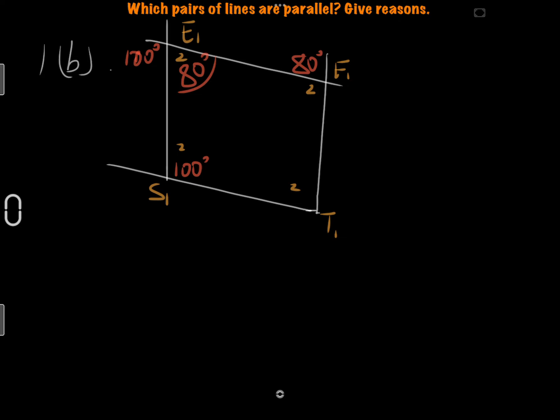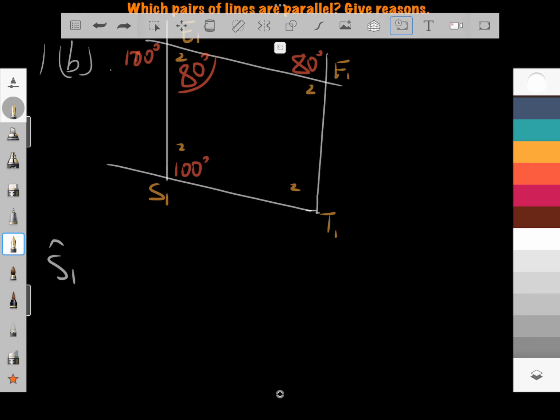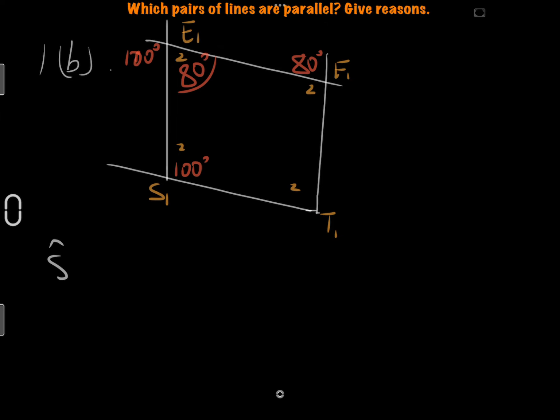Now we can start using algebra to find other missing values. Just for confirmation, let's use S2, because S1 is an exterior angle.